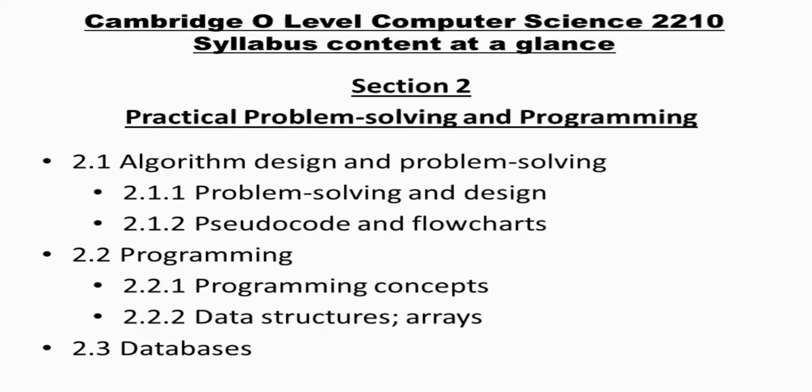During the study of this topic, we will discuss various problem solving techniques and how a design of the problem can be made. Afterwards, we will talk about pseudocode and flowchart, and how we can write the pseudocode and how we can design the flowchart of a particular problem.